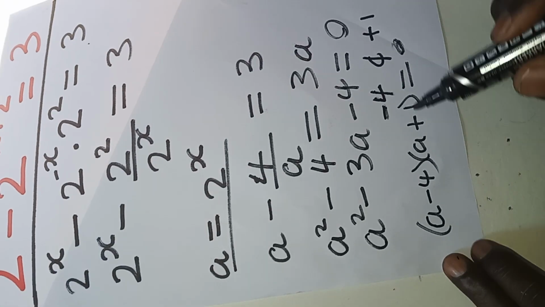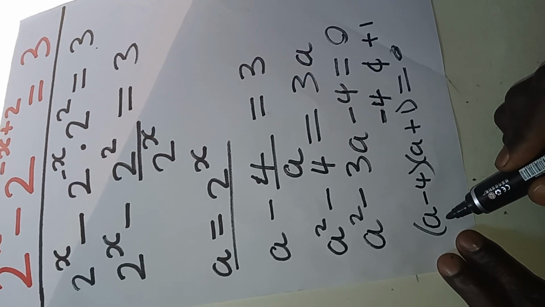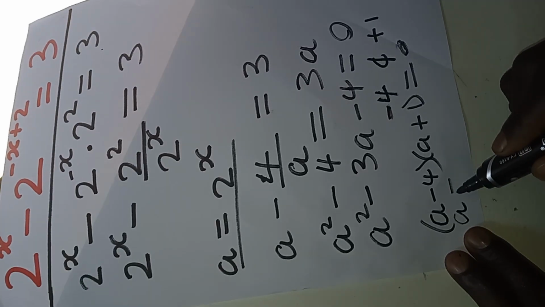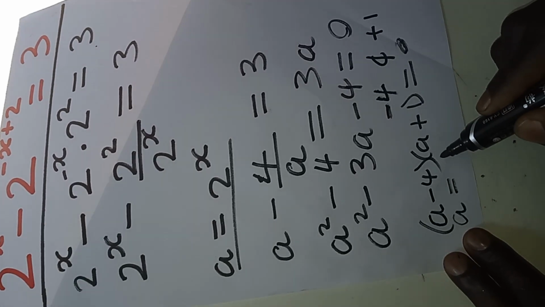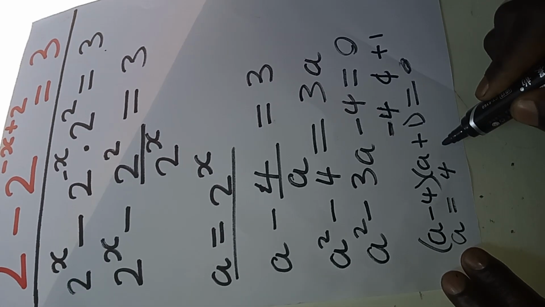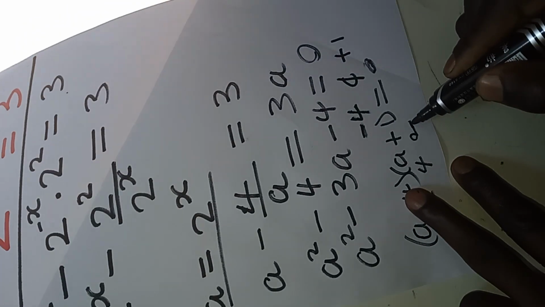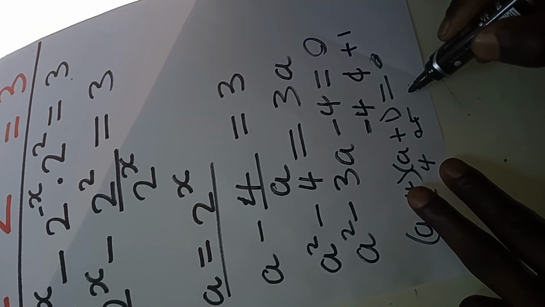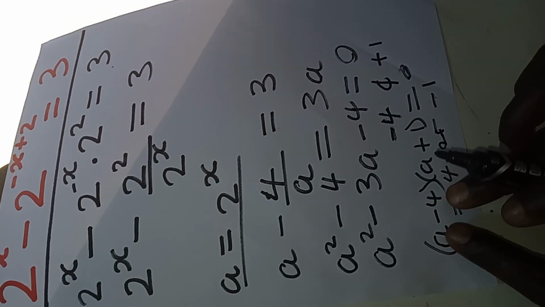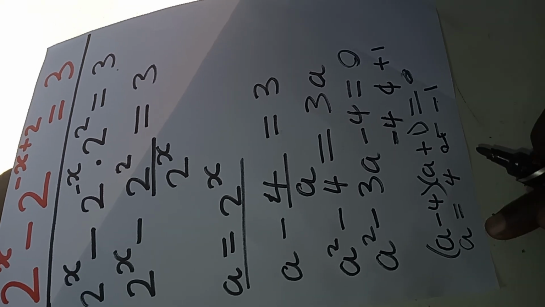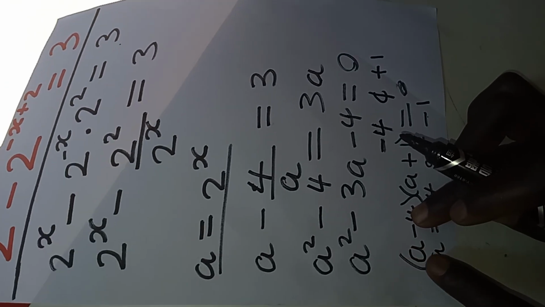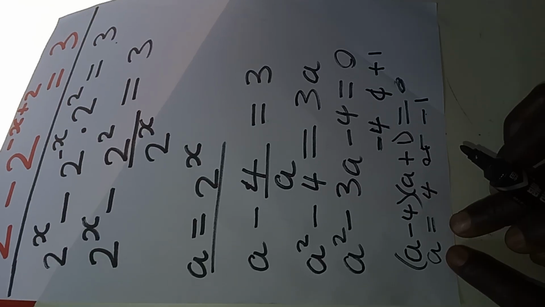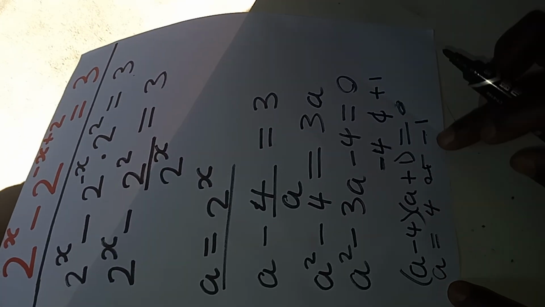Then we now solve for x. It means a is equal to a positive 4 or a negative 1, because we are equating these factors to 0, both of them. So if we equate this part to 0 and this part to 0, the answers for a become 4 and minus 1.